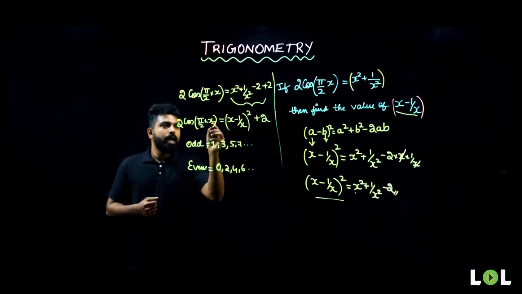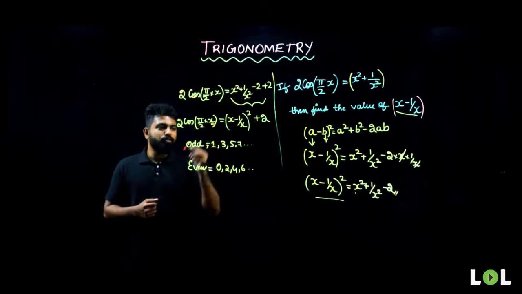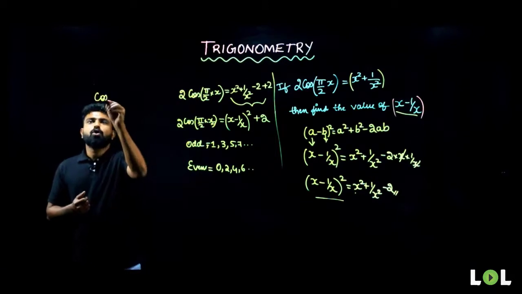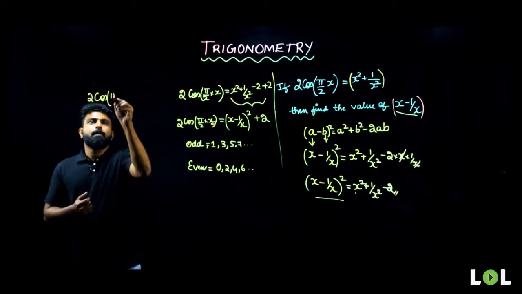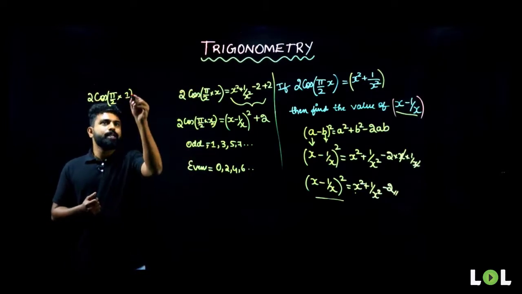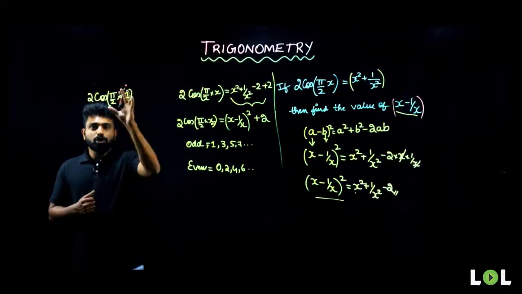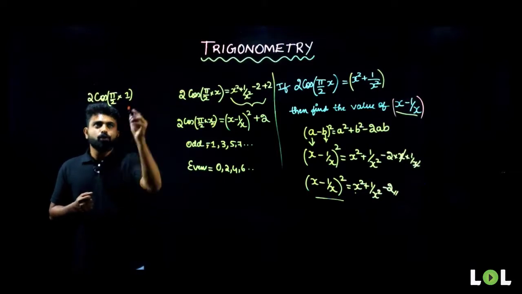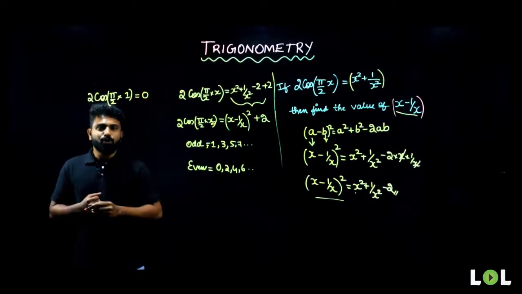Now, in the place of x, if I substitute odd values, what happens? Let us see. 2 cos of pi by 2 into, I'll first substitute my first odd value, that is 1. What is cos of pi by 2? Pi by 2 is nothing but 90 degrees, so cos pi by 2 will be 0.